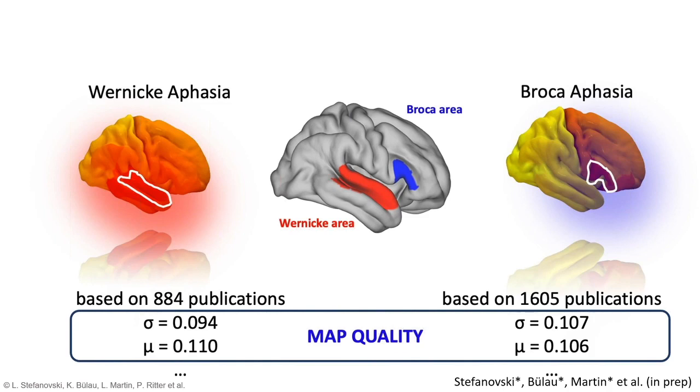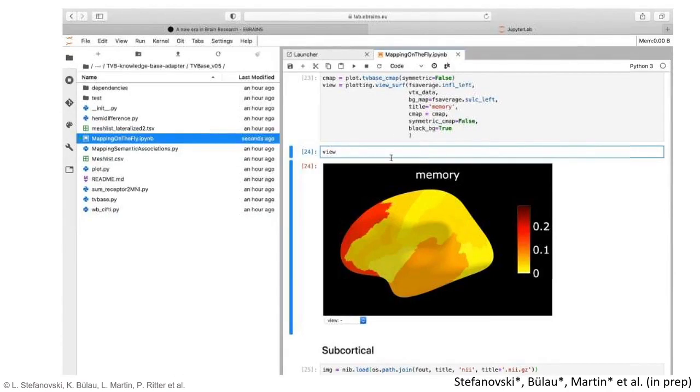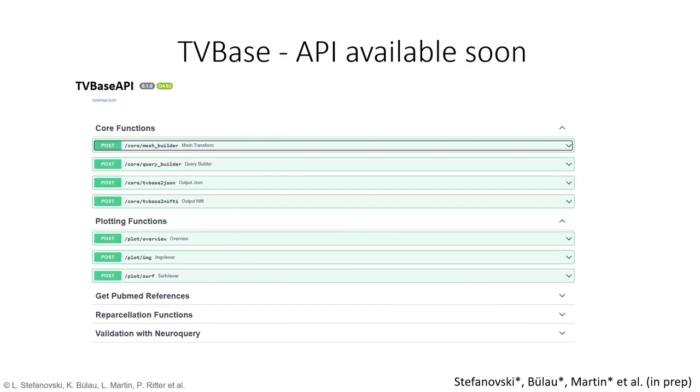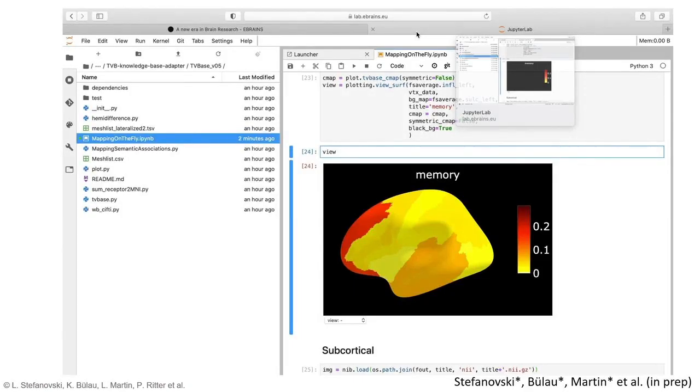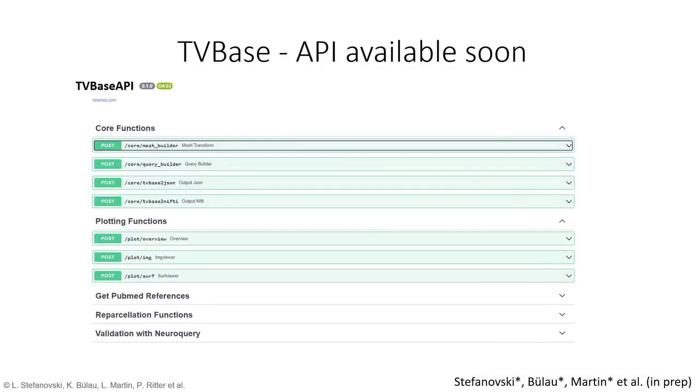And what we've done here is extract knowledge from over thousands of publications, and extract the association of those terms with the brain areas. This was possible by transforming the semantic representations of brain anatomy, all the terms, into a coordinate frame.